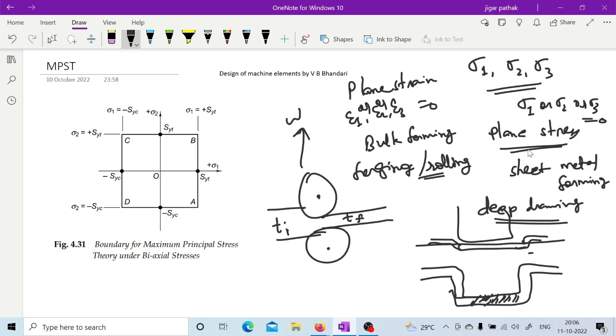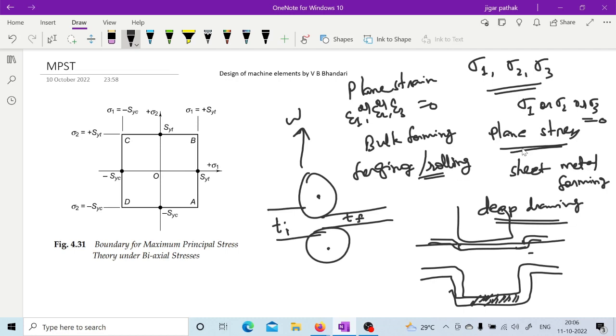This thing is related to when stress is absent in any of the 3 directions, right? So there may be bending stress or torsional stress. That is altogether a different thing. Are you getting what I am trying to say? Yes. Okay, so the nature of stress is different than what we are discussing.